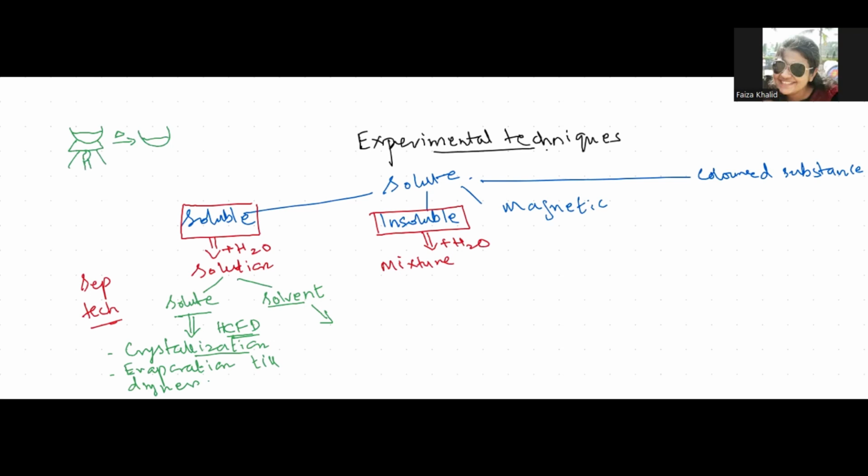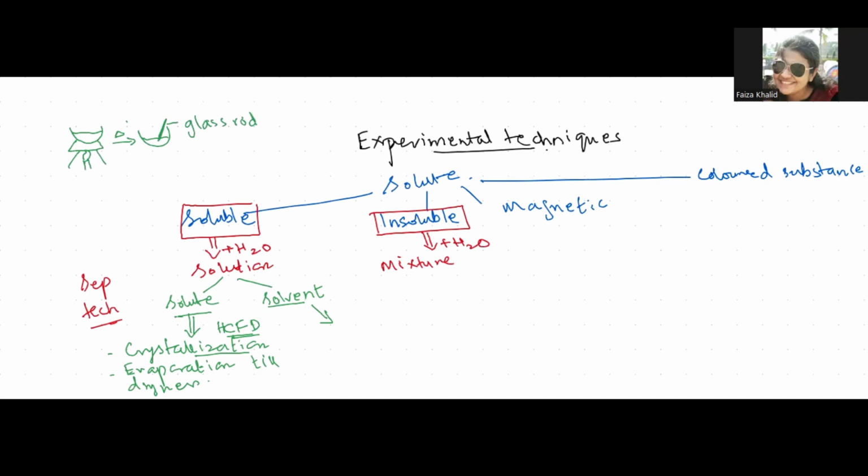How would you test if a saturated solution is formed or not? Very good, glass rod. You should know the names of these equipments. I'm going to post it in your GCR.